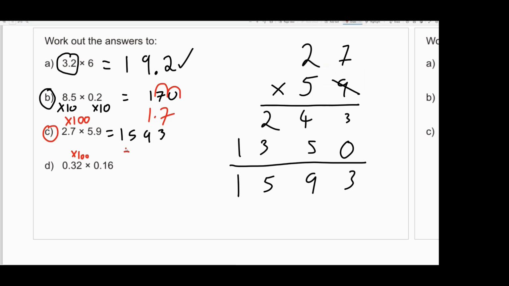Because you times the question by 100, you need to divide the answer by 100. So we would just have 15.93. Fantastic. Brilliant. And the last one.